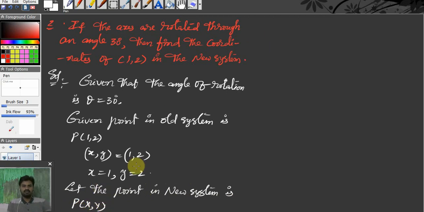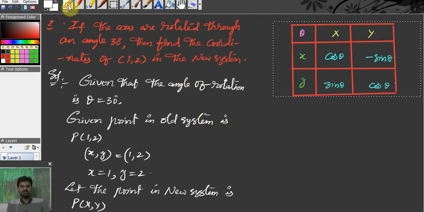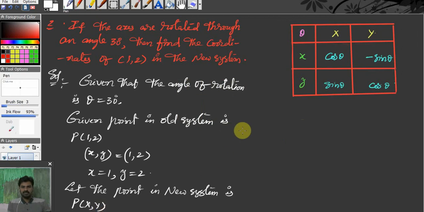Now how do we find capital X comma capital Y? Already I have told you, remember the table. You should write the table here. So this is the table. Now here you should find capital X and capital Y. Capital X is equal to, you can write column-wise, small x cos theta plus small y sin theta.